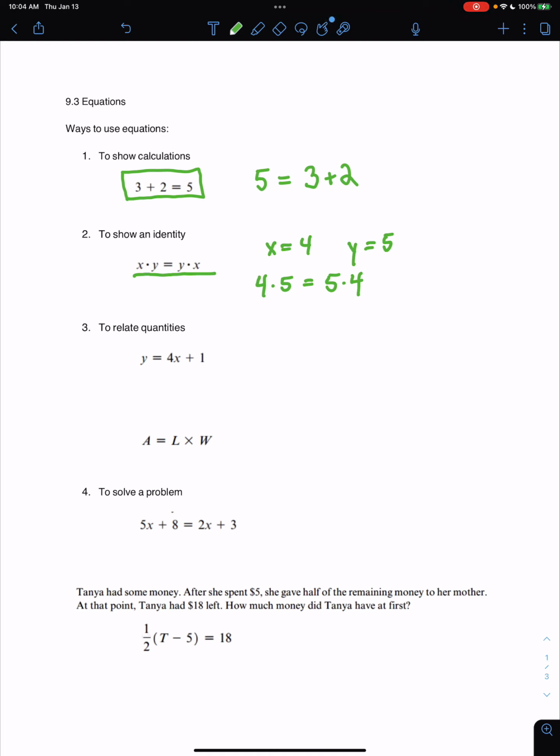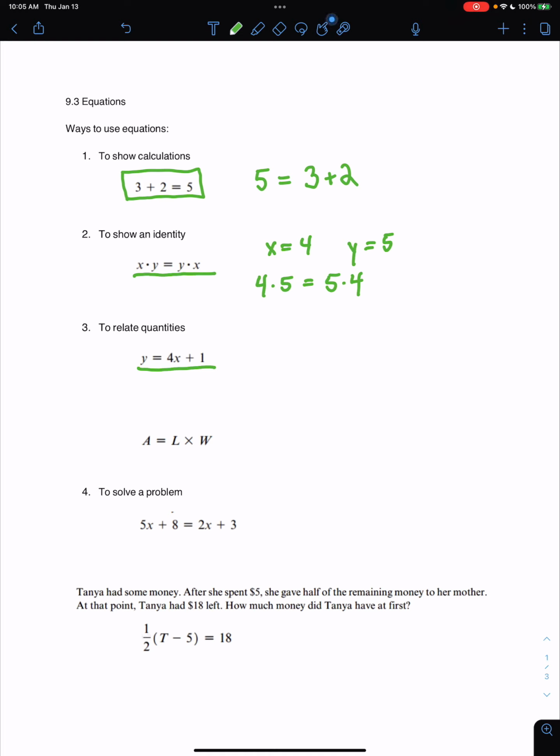I can also use equations to relate different quantities to each other, and especially quantities that are changing. So here I have what we will come to know as a linear equation. So these, again, just like our identity, I can put different values in for x and y.